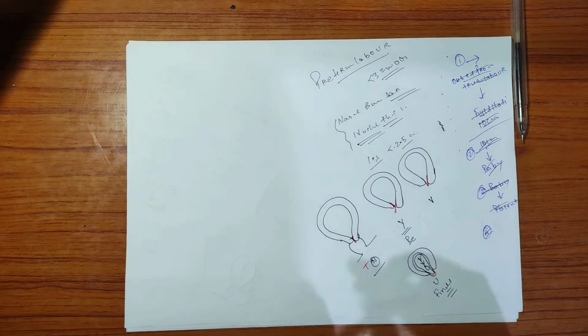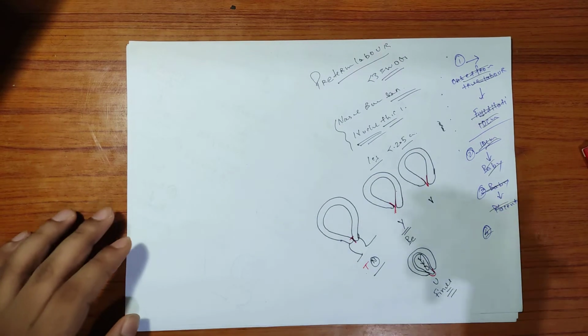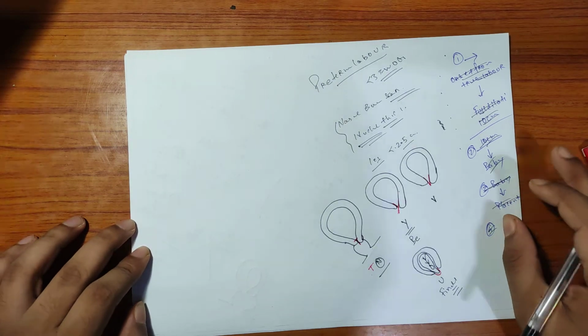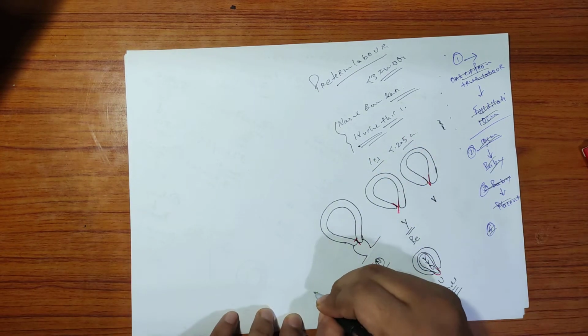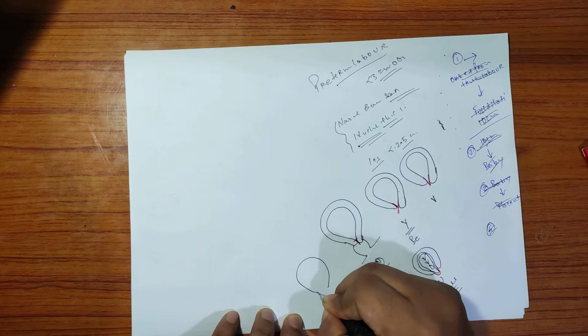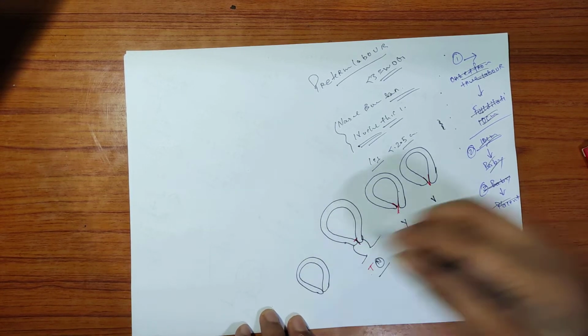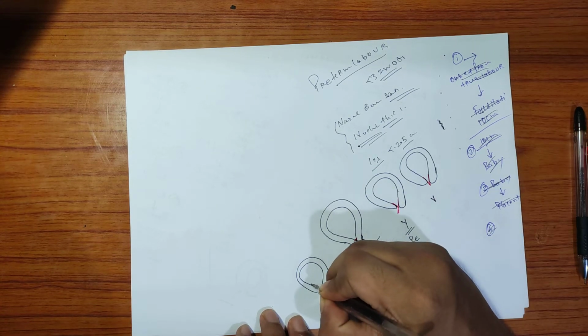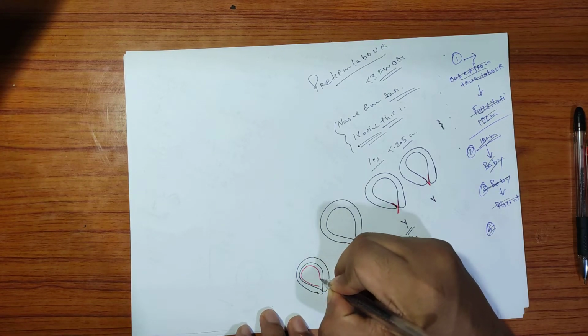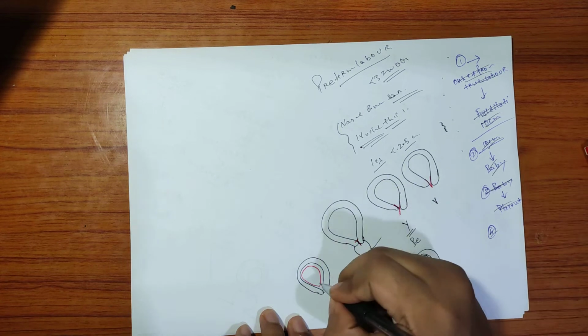We have another technique we can use. Whenever you see the uterus, let's say this is the amniotic sac here, and here is the baby.